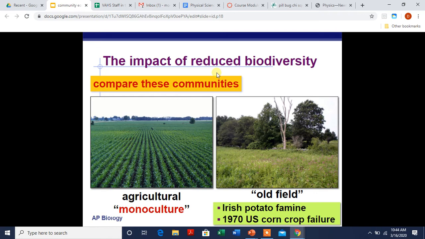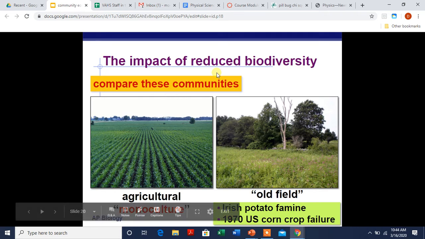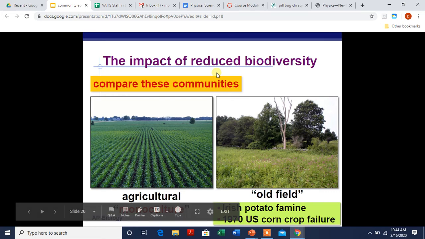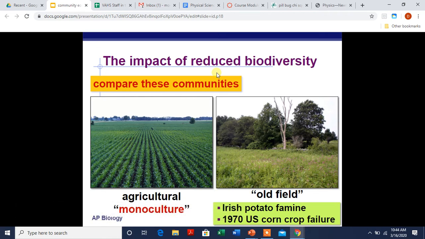More diverse communities like this, while some plants and animals might suffer or be killed off because of a pathogen or because of changes in climate, all of the organisms wouldn't, and we wouldn't end up with a complete reduction of biomass like happened in both of those situations because of a reduced biodiversity.